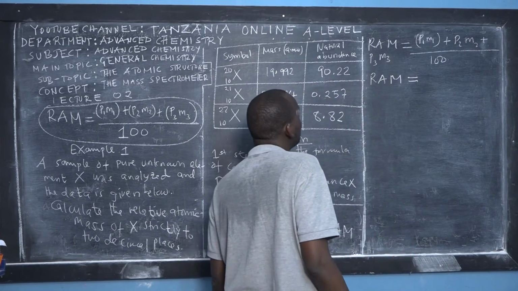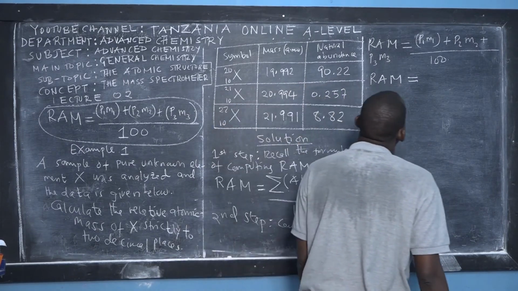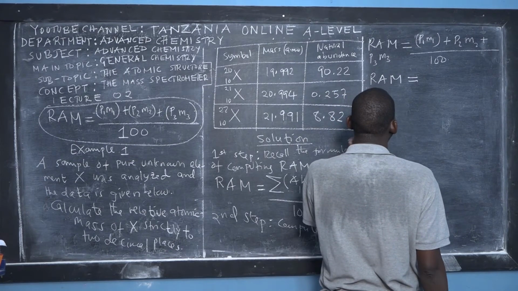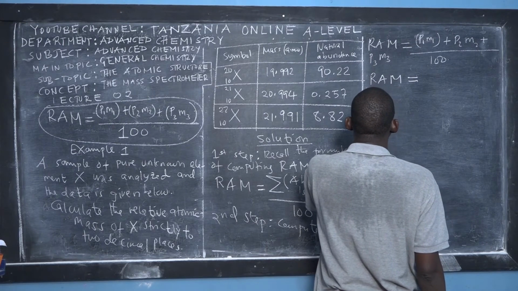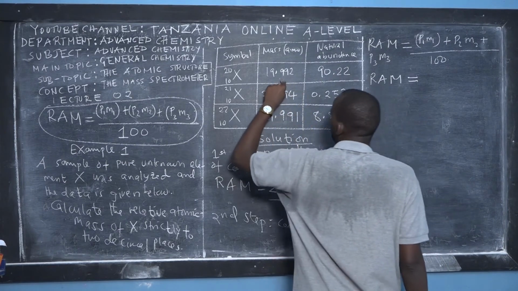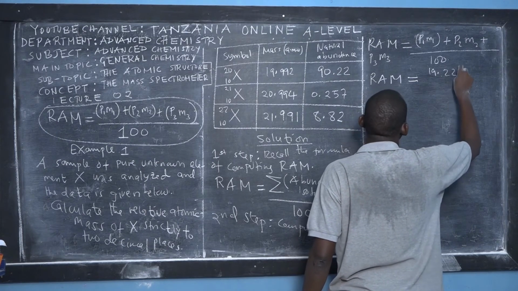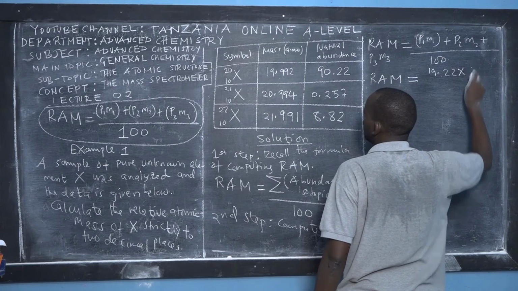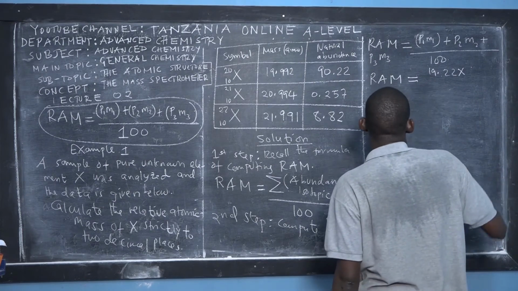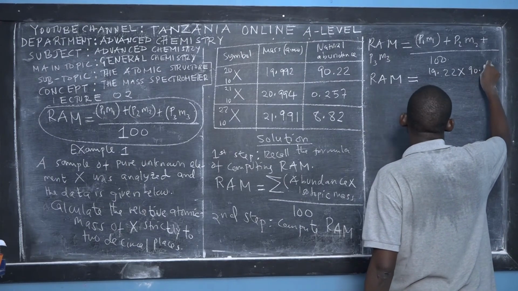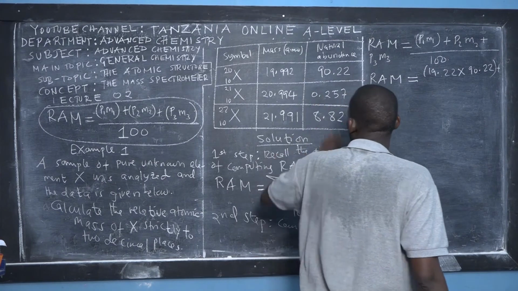So relative atomic mass: next take this mass times this one, times 90.22, and this one we add again with the product of this times this.